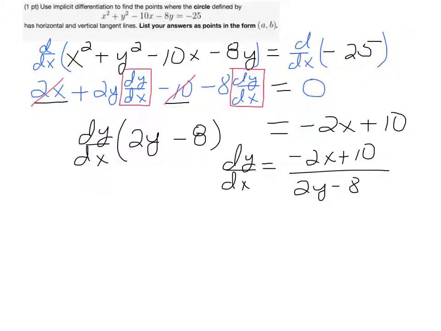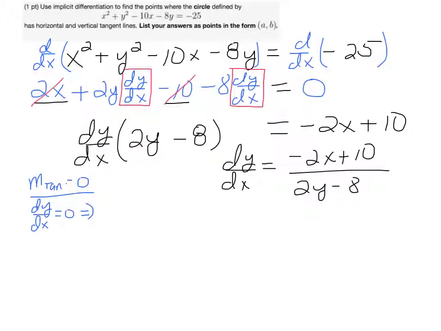Okay, so that is the derivative, and now I'm looking for where we have horizontal and vertical tangent lines. We have horizontal tangent lines when the slope of the tangent line is equal to 0, and so we simply set dy/dx equal to 0.